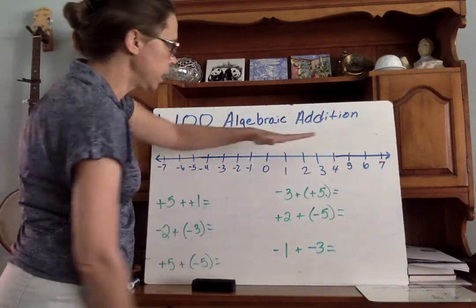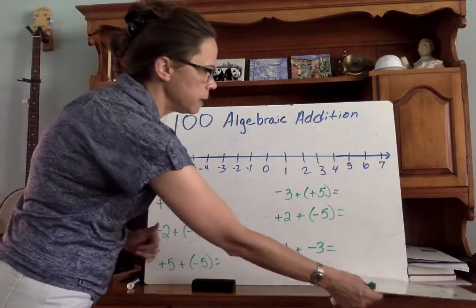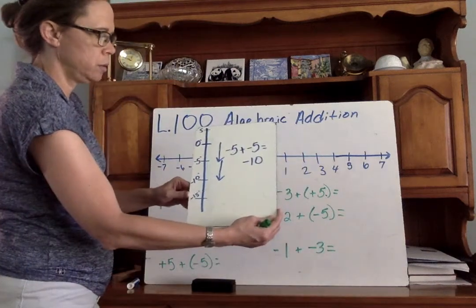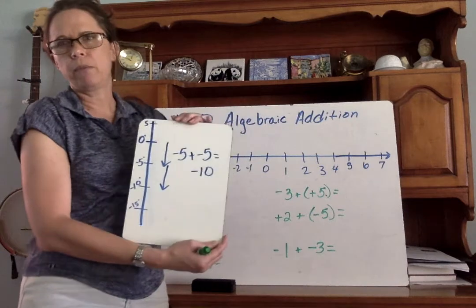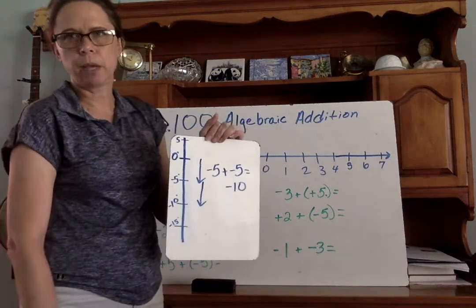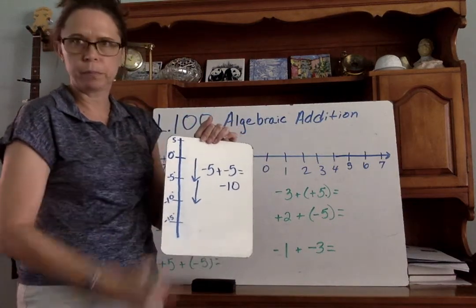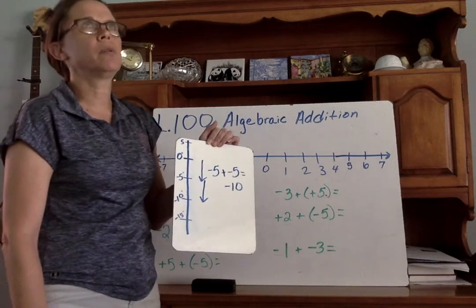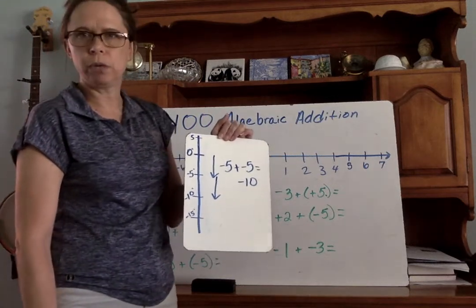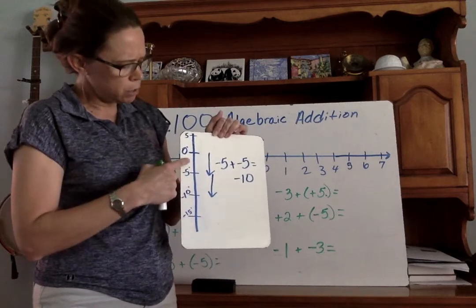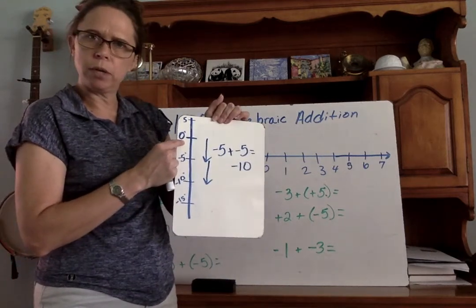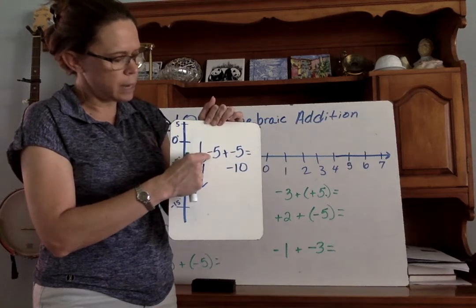Now think about a number line like this, and then think about if we turned the number line vertical. This is what we would have with a temperature gauge, a thermometer. If it was 0 degrees and the temperature drops 5 degrees, then we would call that a -5, right?